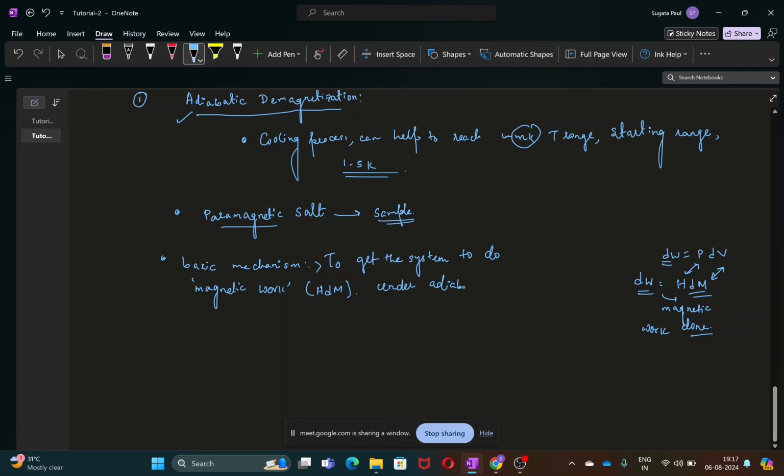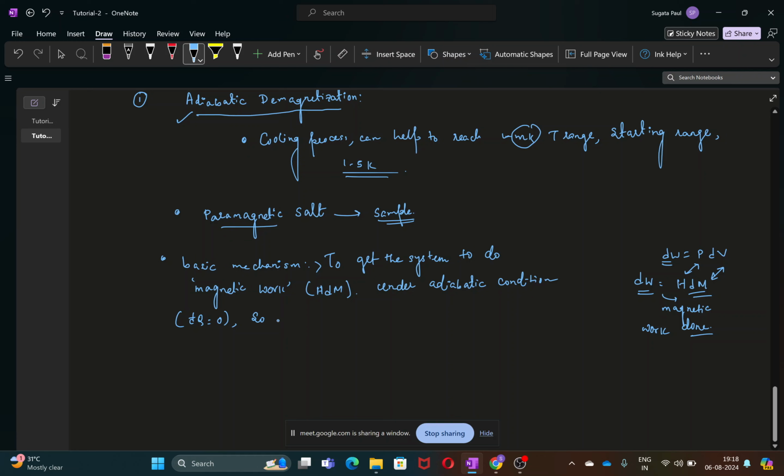That means your system is completely isolated from the environment. So your dQ is 0. That means no heat exchange is allowed between the system and the surroundings.